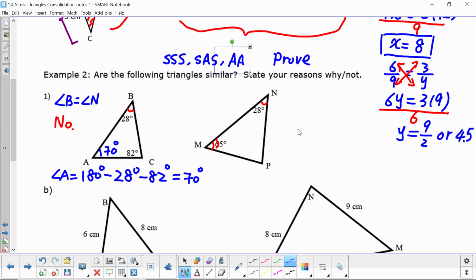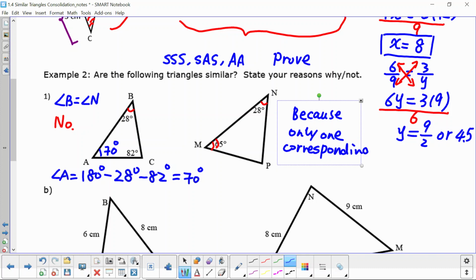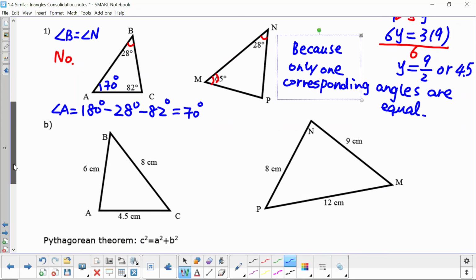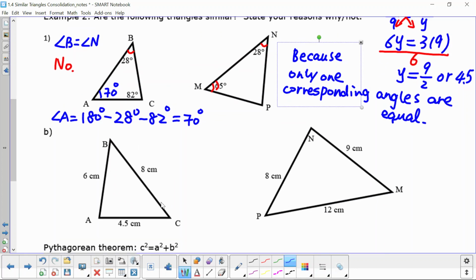You are going to write here: because only one corresponding angle is equal, then they are not similar. Okay, so it's not similar. And for the next one, you have no angles given, then three sides given.